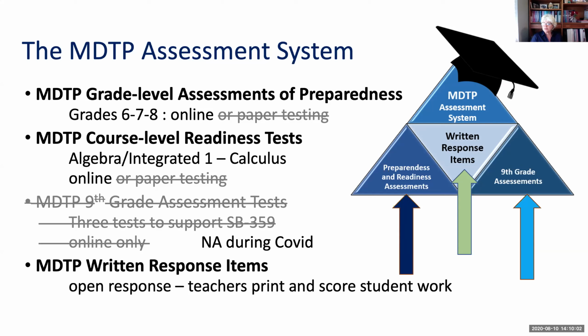I've used these items, and they're very well written. They lead to rich classroom discussions, so I encourage you to look at these items. We will have a webinar in October that will address those items in more detail and how you might use them with your students. Because we are funded by the UC and CSU, all of these tests and the written response items are available free to you as school districts.